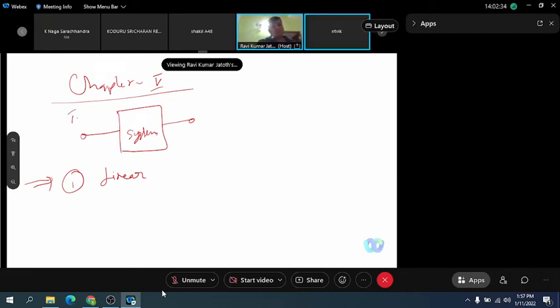It is proportional, and if we multiply the equation with two different constants, we can add them. So proportionality and homogeneity. A system to be linear has to follow the superposition theorem and homogeneity.